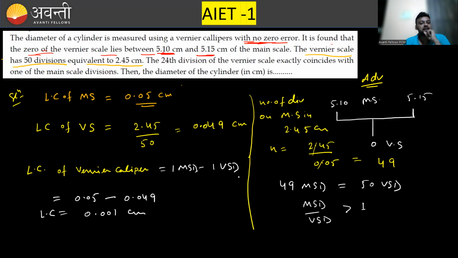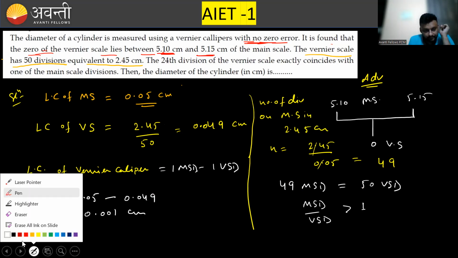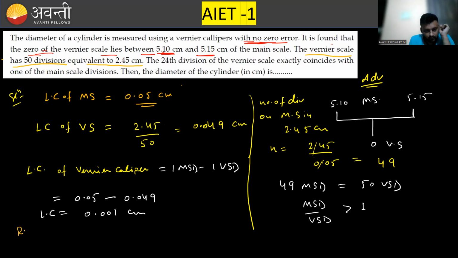Now they are saying the 24th division of the vernier scale exactly coincides with one of the main scale divisions. Now I am writing the reading here. Reading of the instrument will be main scale reading, which is 5.10, plus which division coincides? 24th division coincides. And what is the least count of the vernier? 0.001.